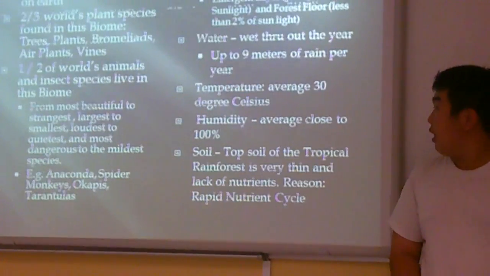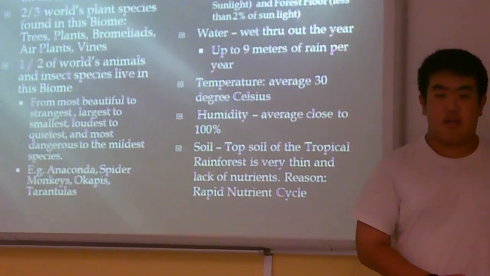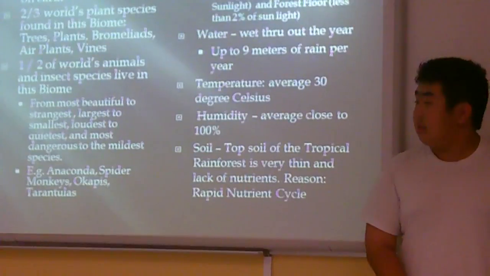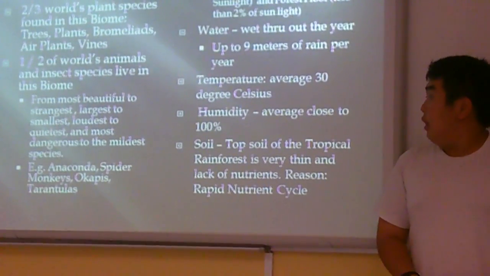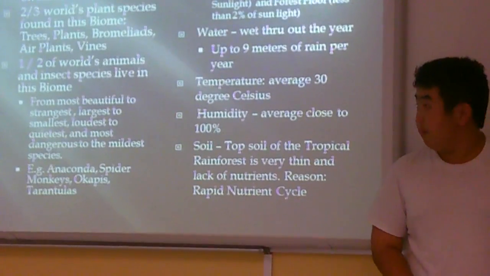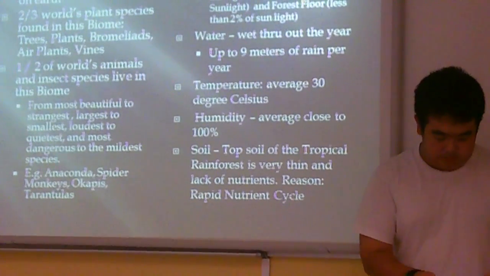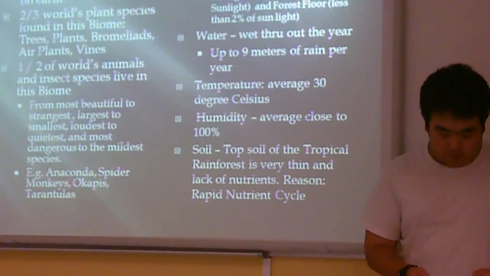Next is the biotic and abiotic factors of the tropical rainforest. The biotic factors: the rainforest is a very complex ecosystem on the earth. 2/3 of the world's species are found in the rainforest.